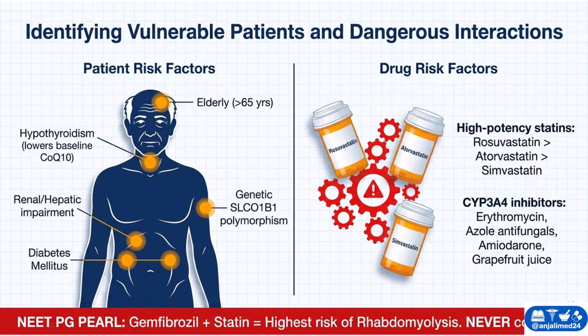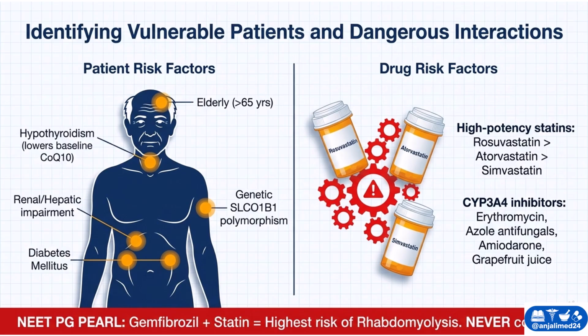Now coming to the drug related factors, high potency statins like rosuvastatin and atorvastatin carry a higher risk compared to simvastatin. But here's the real danger, drug interactions. Medications that inhibit CYP3A4 like erythromycin, azole antifungals, amiodarone, even grapefruit juice can increase the statin's level and push patients toward toxicity.